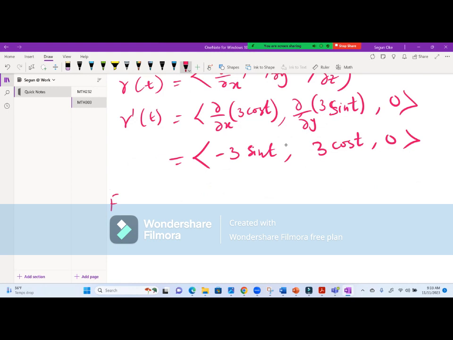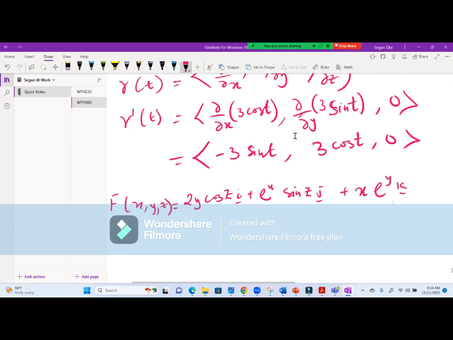Our f of x, y, z is the same thing as 2y plus z i, minus exponential x sine y j, plus x exponential y k. So I have it already. So what do I do with this?